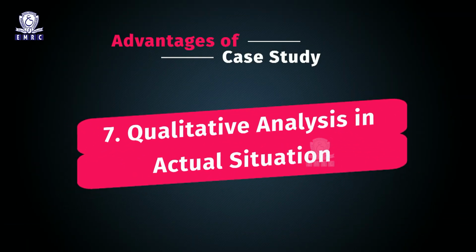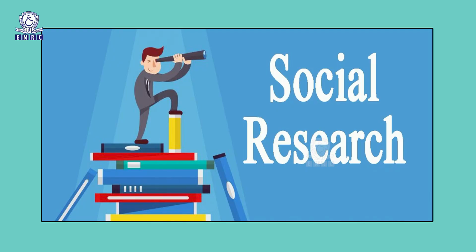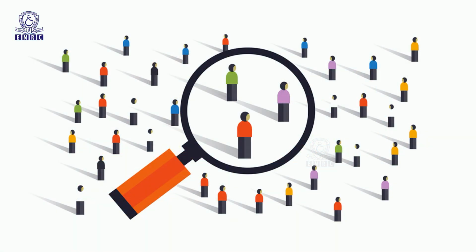Seventh advantage is qualitative analysis in actual situation. Case study enables the establishment of the significance of the recorded data when the individual is alive and later on within the life of the classes of individuals. The researcher has the opportunity to come in contact with different classes of people, and he is in a position to watch their life and hear their experiences.